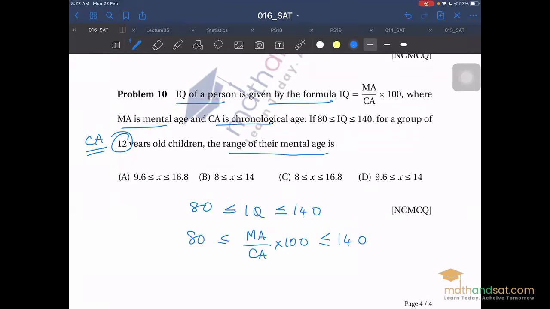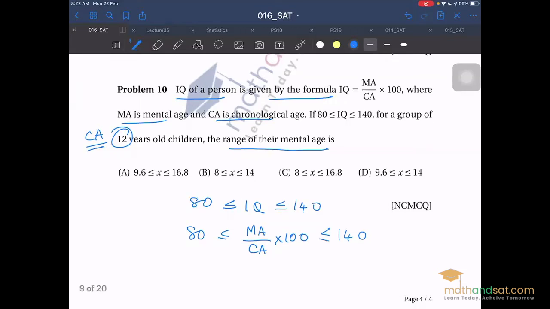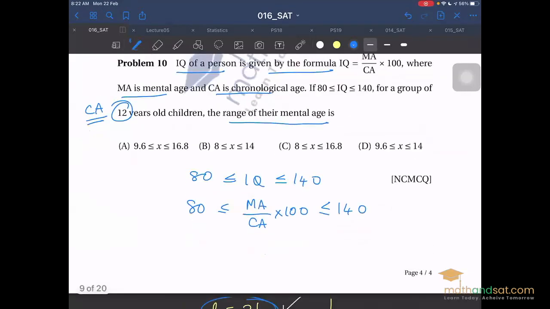Now CA is given to be 12 because you are looking at a group of children whose actual age is 12. Now we need to get the range of their mental age. So we can do it in one step.